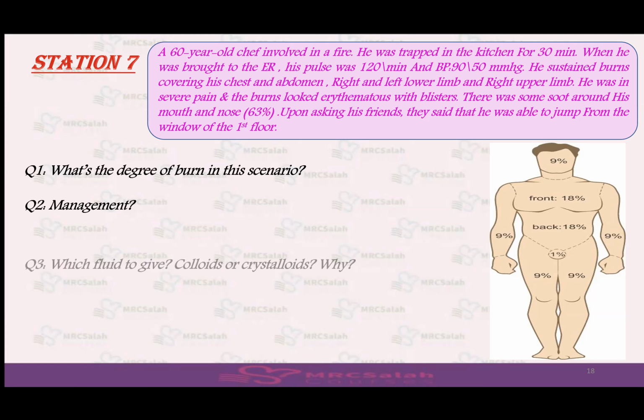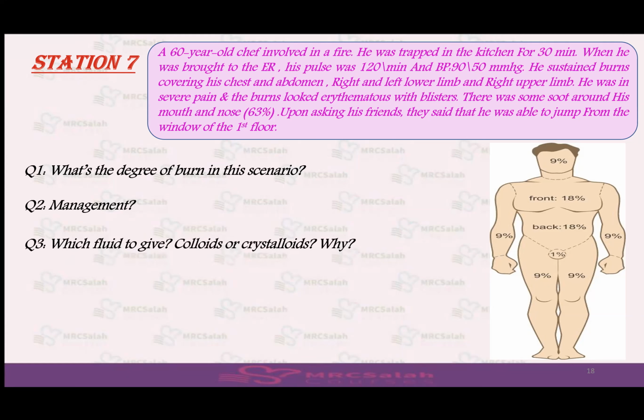Excellent. Which fluid to give, colloid or crystalloid, and why, Dr. Ahmed? I will give crystalloid as there is an increase in capillary permeability due to the burn. So I shouldn't give colloid in the first 24 hours, to avoid leakage into the interstitial space due to the osmotic pressure. Excellent.